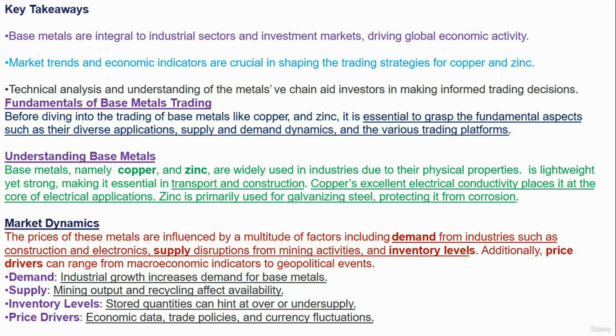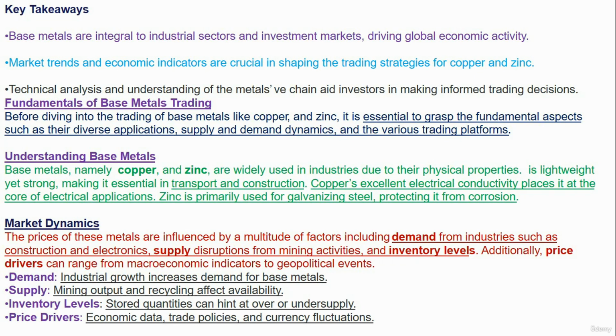He should be able to analyze historical data of metals. He should be aware of the fundamental aspect. So he should know what the supply of the metal is, how demands are changing, and how diverse the applications are.